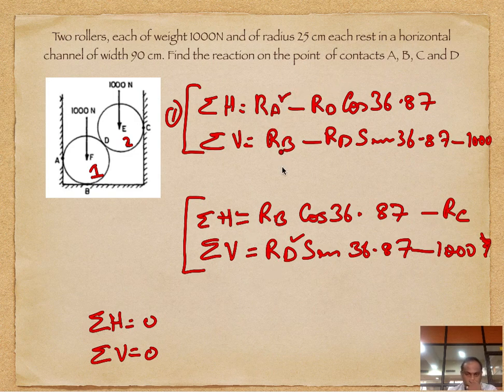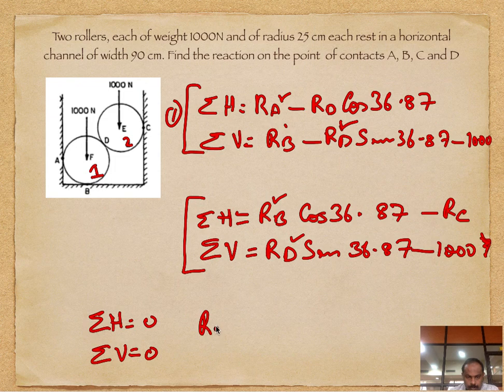Then we put RD again to get RB, and once we find RB, we put RB here and solve RC. So this is how we can solve it. To start with, we'll do the first one.